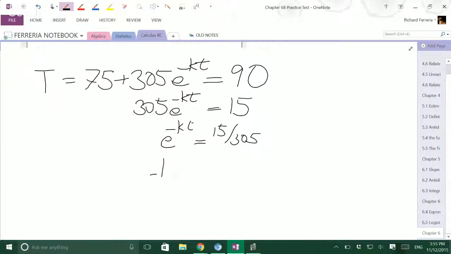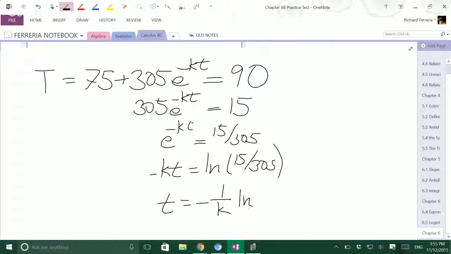Negative kt equals the log of 15 on 305. And so t equals negative 1 over k log of 15 over 305. And that's nice because you can just put that in your calculator the way it's written.